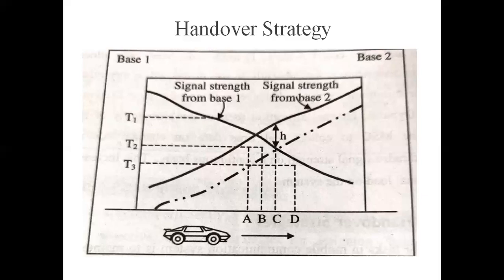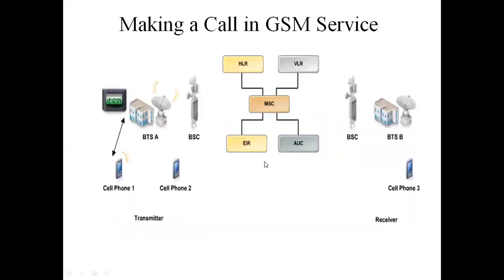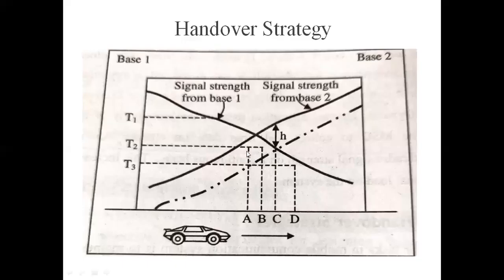That means handover occurs at point A. If the threshold is lower than T1, say T2, the mobile will delay handover until the current signal level crosses the threshold position at point B.